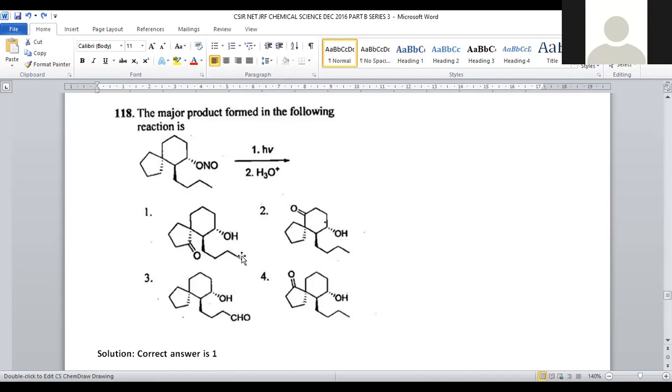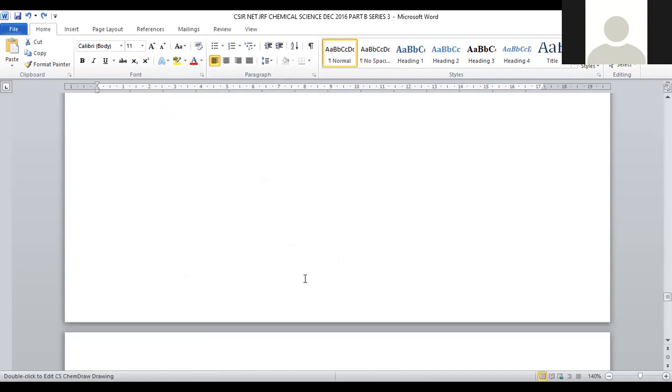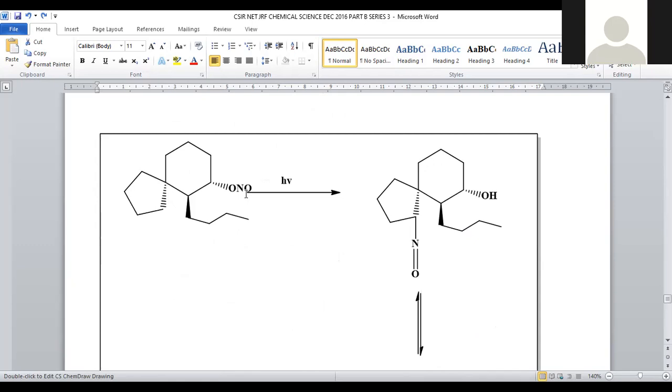Let us see the mechanism in order to get the exact product from these four options. We take the ONO group, and upon treating with H nu condition, it participates in Barton reaction.